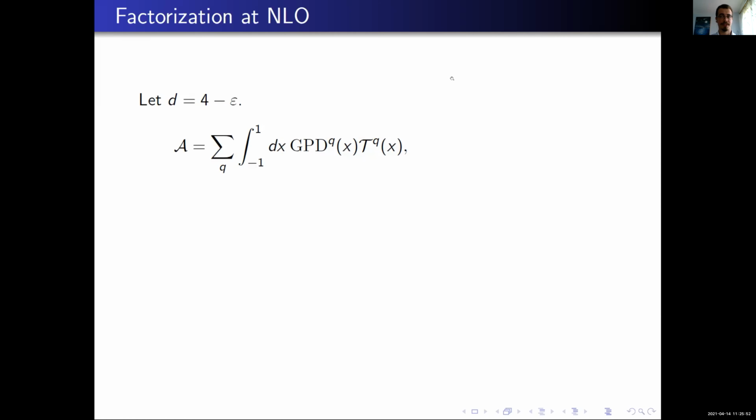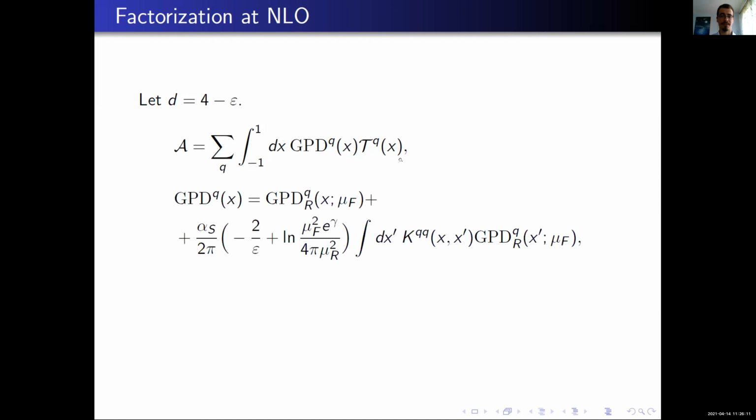Of course, there are problems with divergences, so I will work in the dimensional regularization scheme with the number of dimensions 4 minus epsilon. The amplitude is written as follows, but with GPD written in terms of finite renormalized GPD plus the correction, which at the first order in alpha strong is the following.